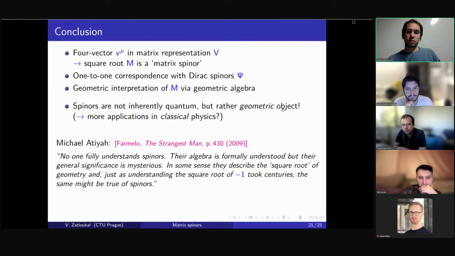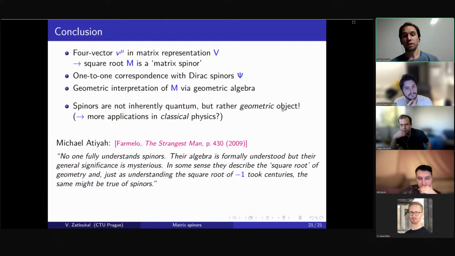So to conclude, just to summarize in a nutshell what we have seen today. We took a 4-vector, represented it as a 2x2 Hermitian matrix, and took a square root. And this square root is a spinor. So for me, this is a super direct way to spinors. And we showed how this corresponds to the Dirac spinors that one knows from quantum field theory textbooks.